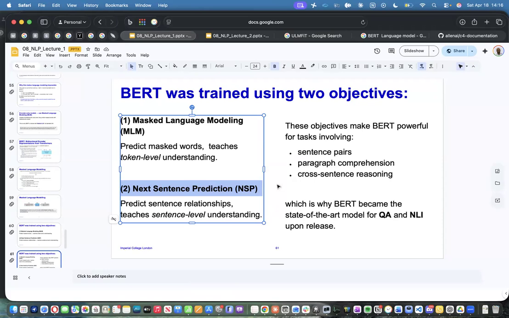We said BERT can be trained on next sentence prediction and the masked language model, two different kinds. So what is next sentence prediction, NSP? Anybody can help?